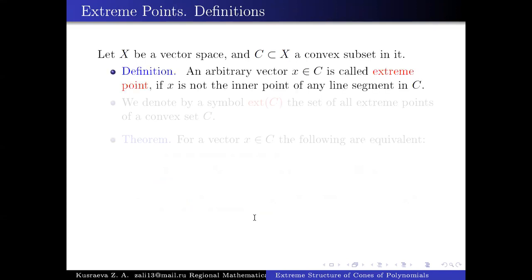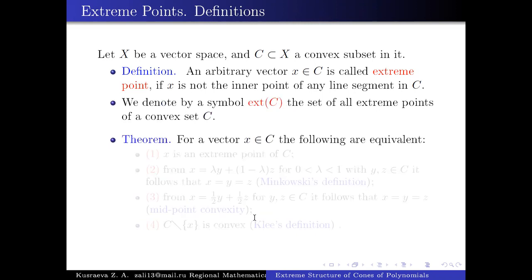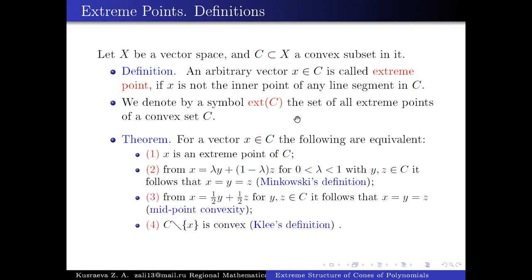A point x of a convex subset C of a real vector space X is called extreme if x is not an inner point of any line segment in C. We denote by ext C the set of all extreme points of a convex set C. There are several, namely four, equivalent definitions of extreme points, and they are all collected in this theorem, and you can see them on the slide. We will not stop on this.